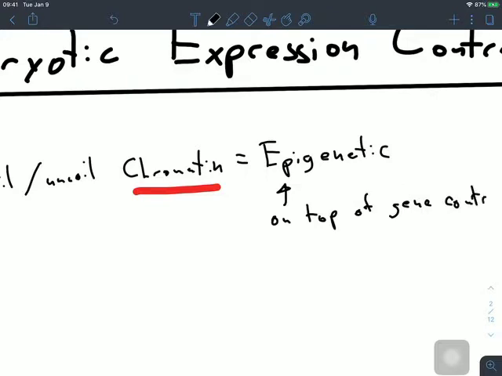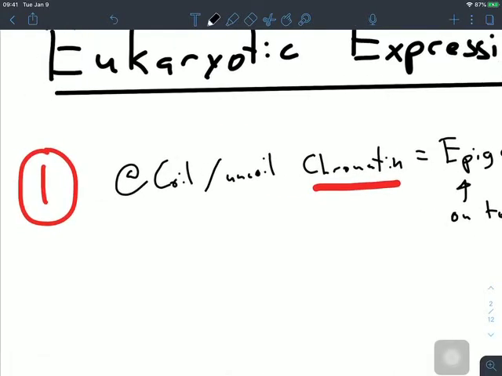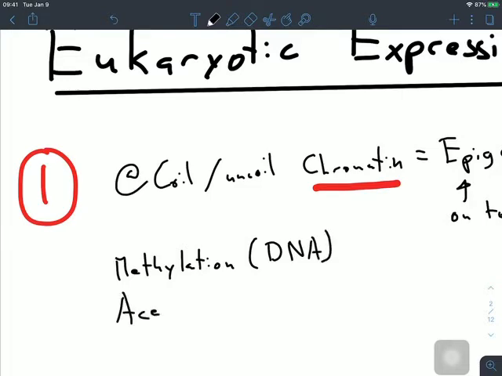And this is literally by standing on top of, regulating from above. We can activate or deactivate certain stretches of chromatin through chemical changes called methylation, which affects the state of the DNA, and acetylation, which affects the state of the histones, the proteins on which DNA is wrapped around.